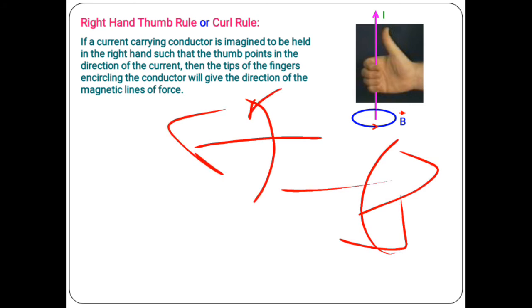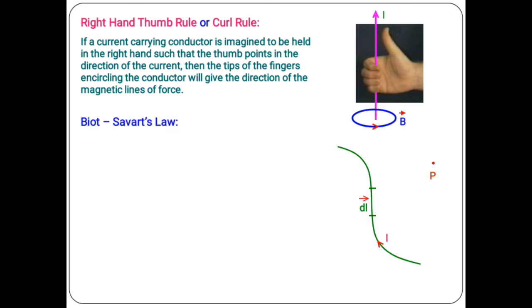So all three laws give the same result: the direction of the magnetic field due to the current carrying conductor. We can use any rule to find the direction of the magnetic field, that's all.